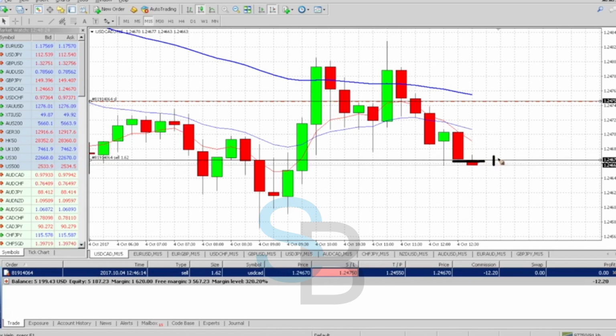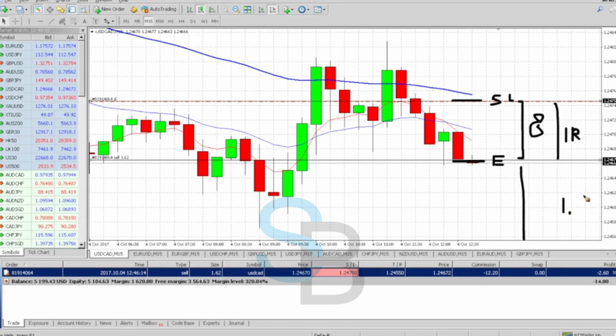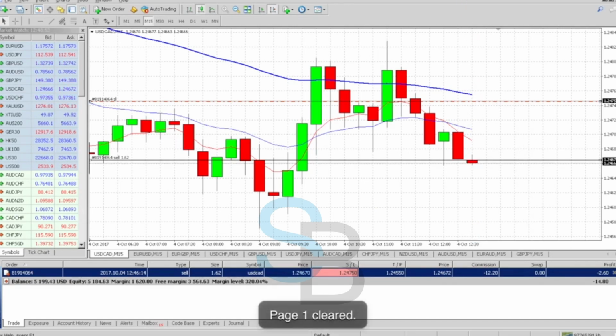My entry price was here. Okay, stop loss is here. So my stop loss is 8 pips away. 8 pips. So that is 1 R risk. And my target price is way below there at 1.5 R below the entry price, which is 12 pips away. All right, you can't see it because it's below the screen, but it's over there. All right, so there we go.